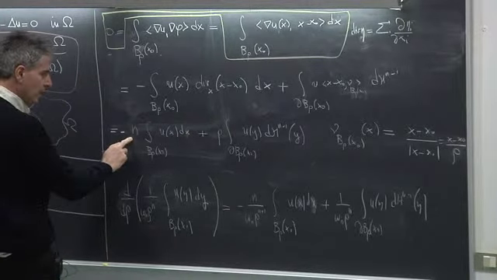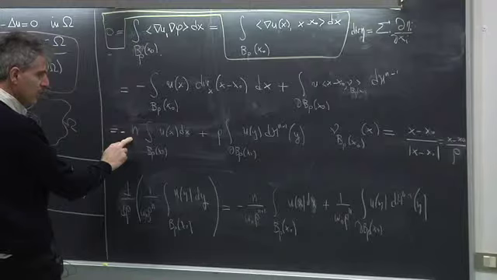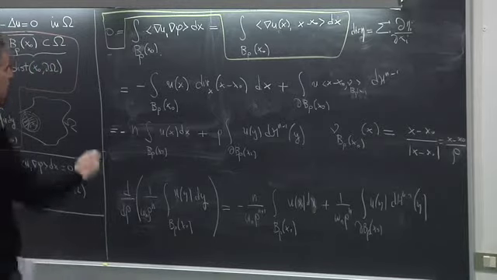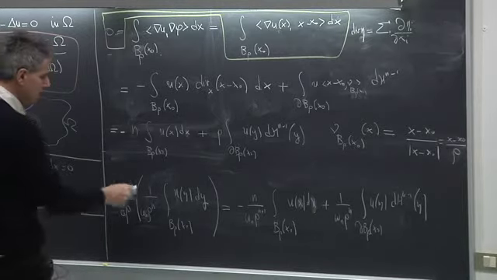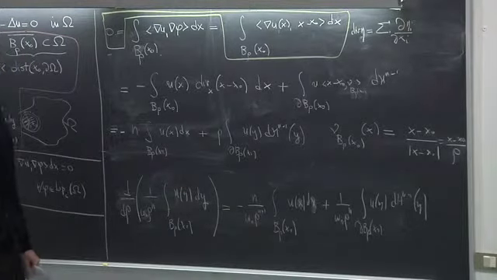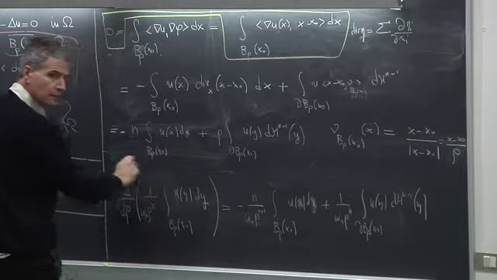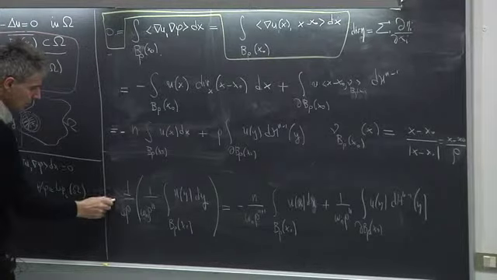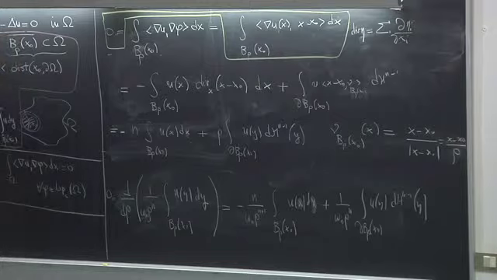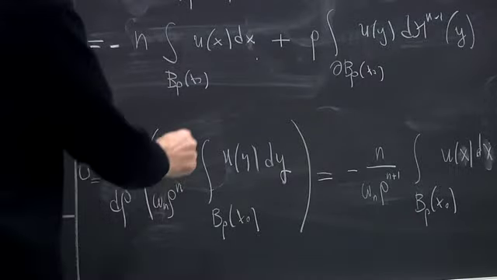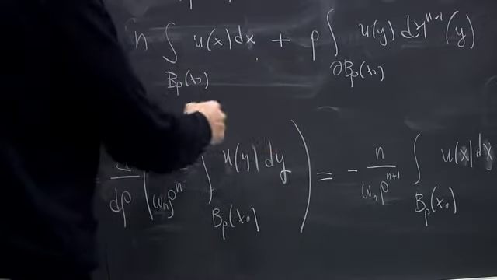And so minus n, now if I divide it by rho to the n plus 1 over omega n, I find that this equal to 0 implies that this is equal to 0. Do you see it? From this equality equal to 0, it follows that this derivative is equal to 0. Hence, this quantity is constant, independent of rho.